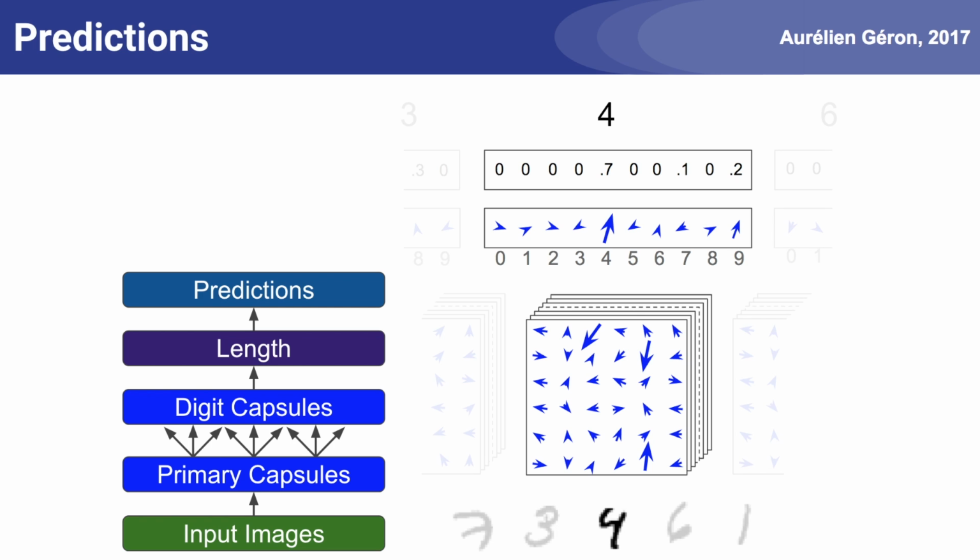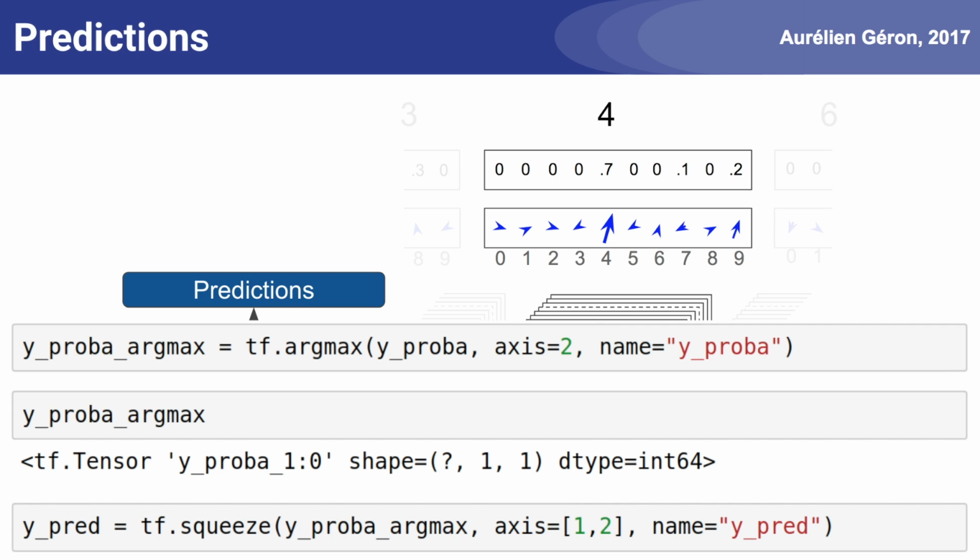Next, let's predict the most likely digit. We just used the argmax function that gives us the index of the highest probability. The index happens to be the number, the digit itself. Note that we first get a tensor that has a couple extra dimensions of size 1 at the end, so we get rid of them using the squeeze function.